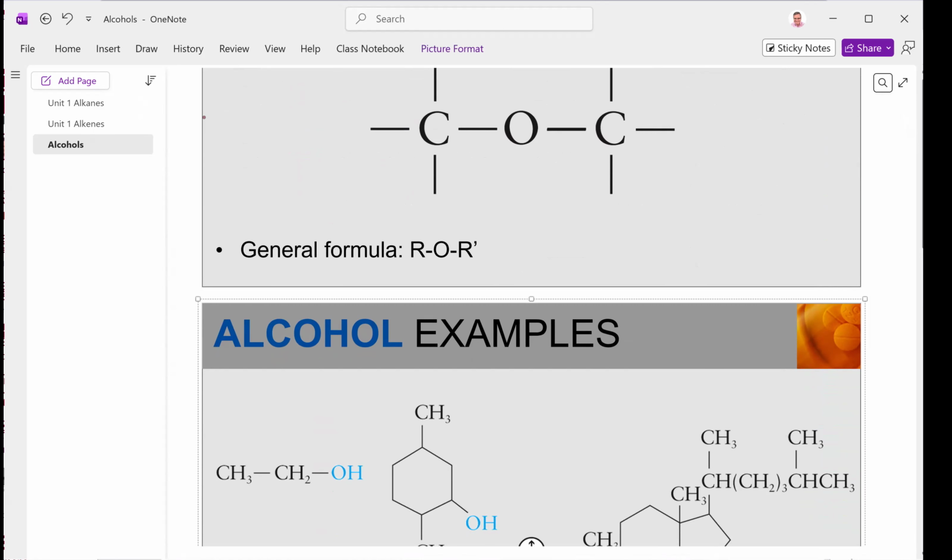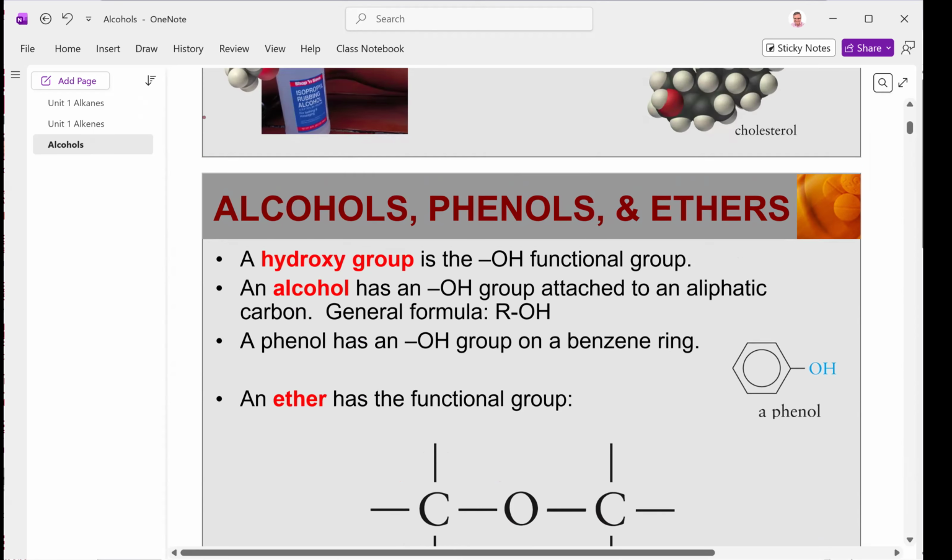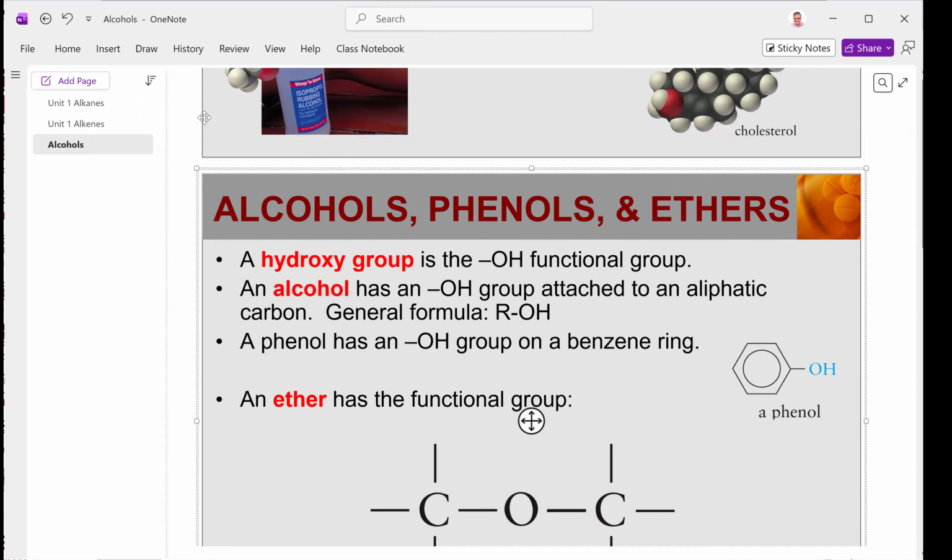For an ether, we've got R, and the thing that attaches to the O is a C. So the R's can be anything as long as there's a carbon attaching to the oxygen. Same with the alcohol. We can go R-OH, and again, the R is anything as long as it's got a carbon attached to the oxygen.